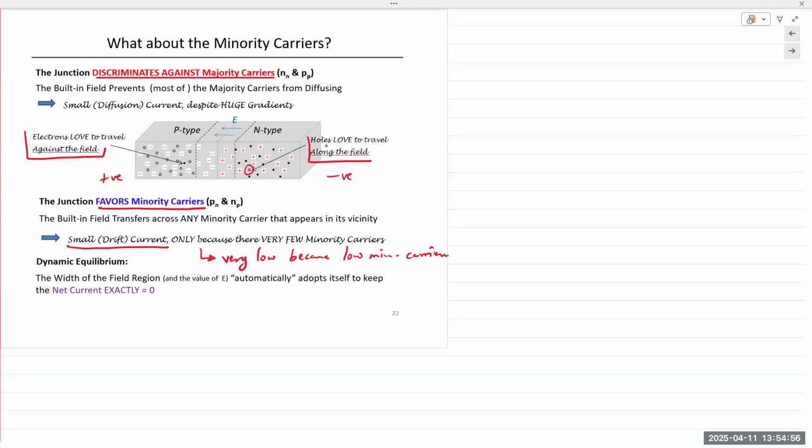The same thing happens here. Positive polarity is going to push the holes through the barrier. Effectively we can say the barrier shrinks, but it's not actually shrinking because that 0.6, 0.7 volts will always remain there. We are simply imparting sufficient energy to the holes and electrons to cross over.